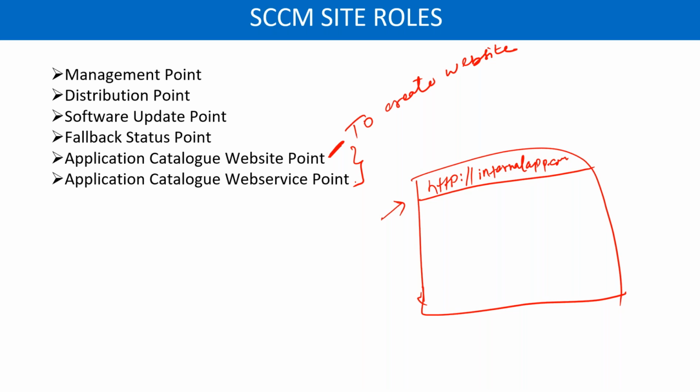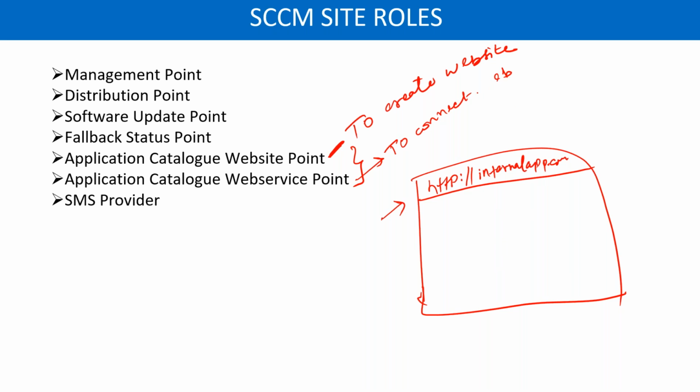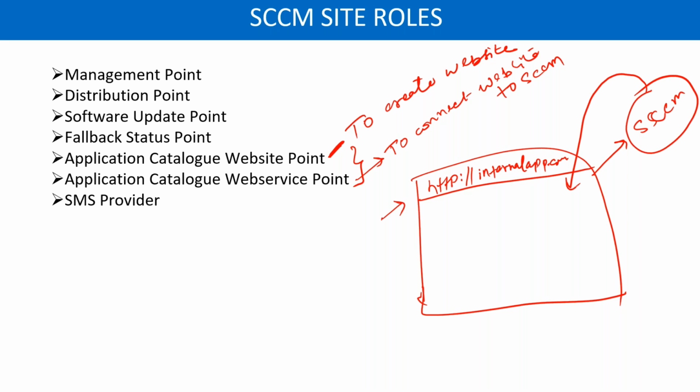And the second role is to connect this website with SCCM. So this website in the backend will get connected with SCCM. From SCCM, you can dump all the applications.